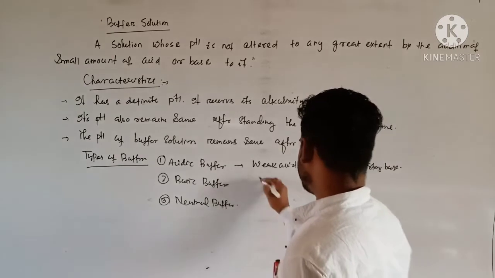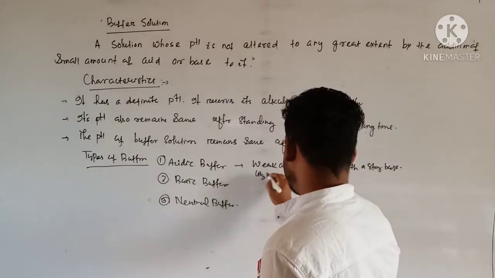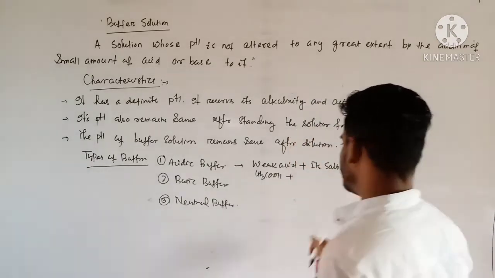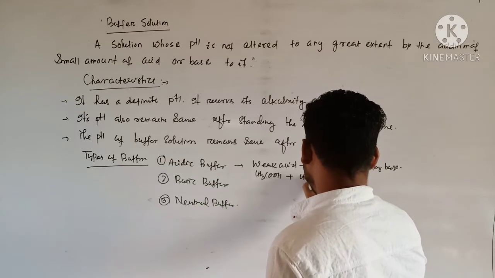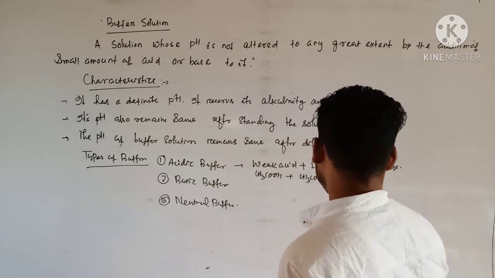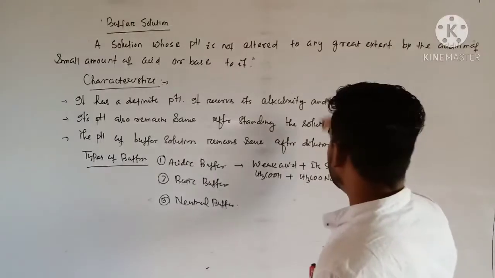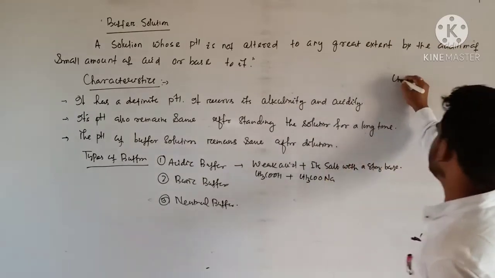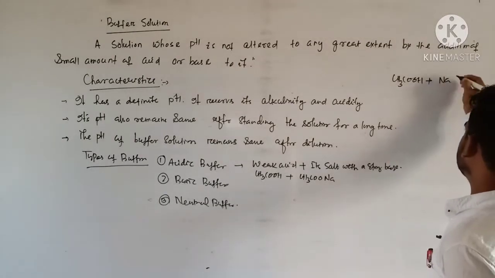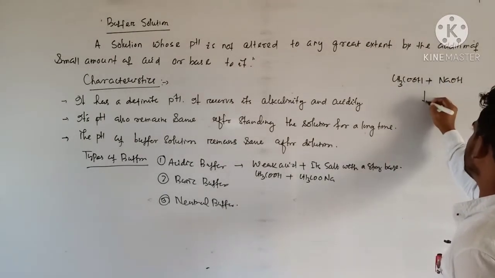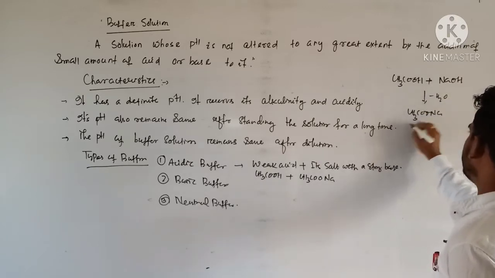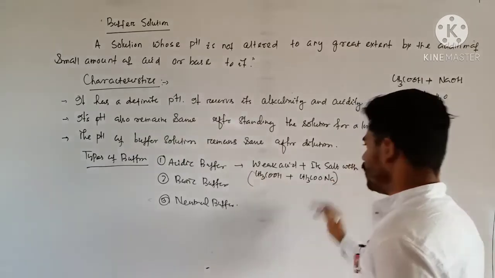Weak acid, let's say CH3COOH, plus its salt with a strong base, CH3COONa, the corresponding salt. With NaOH as the strong base, elimination of water gives the salt CH3COONa, sodium acetate. So this is your acidic buffer.